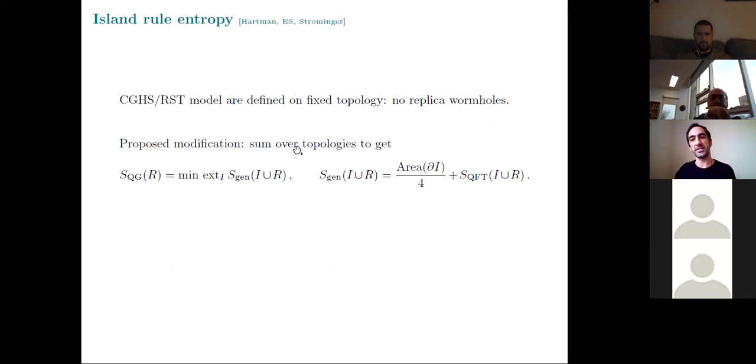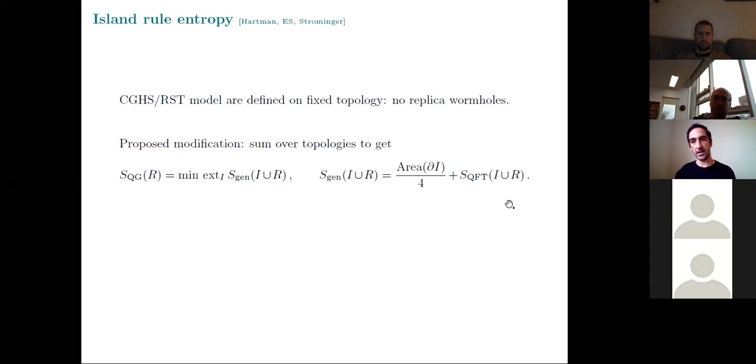Now, once you do this, it's not clear what the UV completion is. It probably needs more details. It's not UV complete on its own. But if you do sum over topologies, then you expect to get the island rule, which says that the entropy of radiation in the theory of quantum gravity is given by this extremization problem, where the generalized entropy as usual has a gravitational contribution and a QFT contribution.